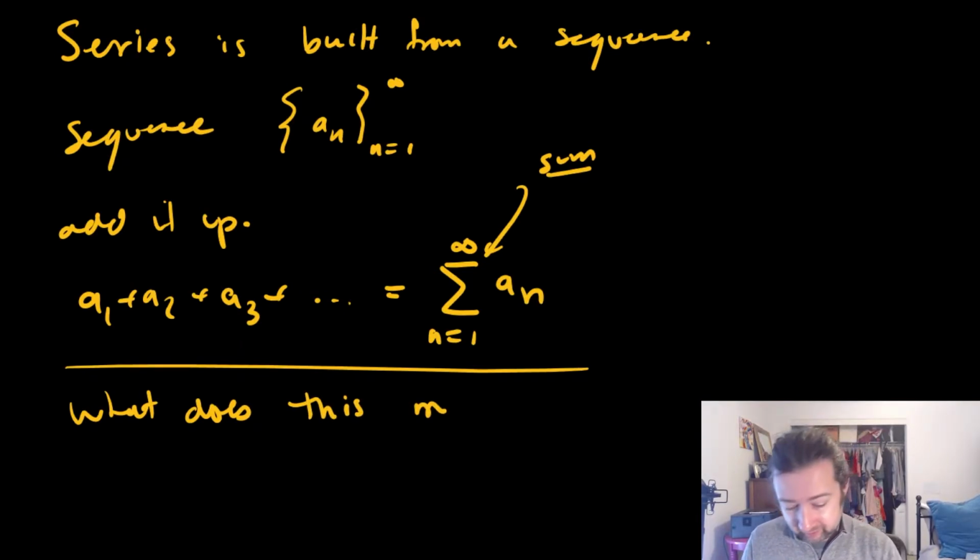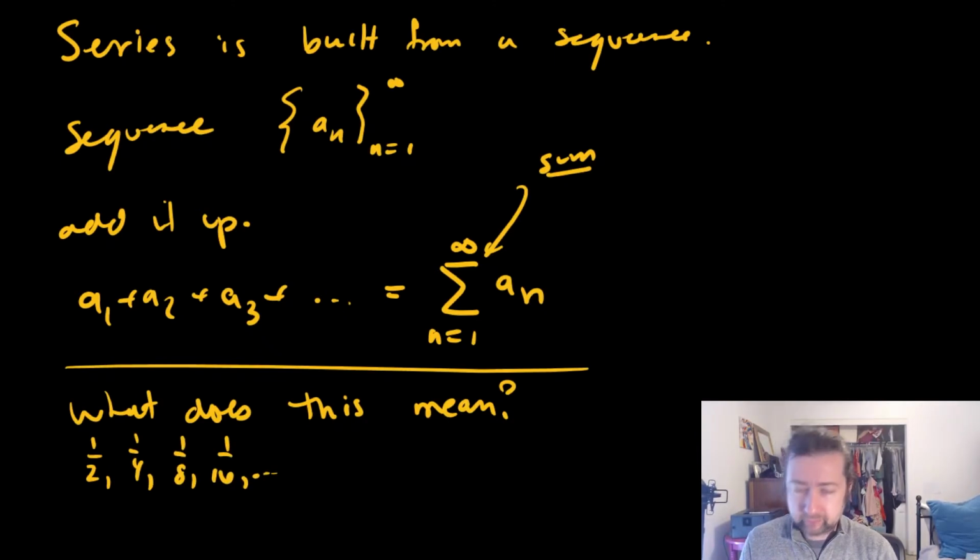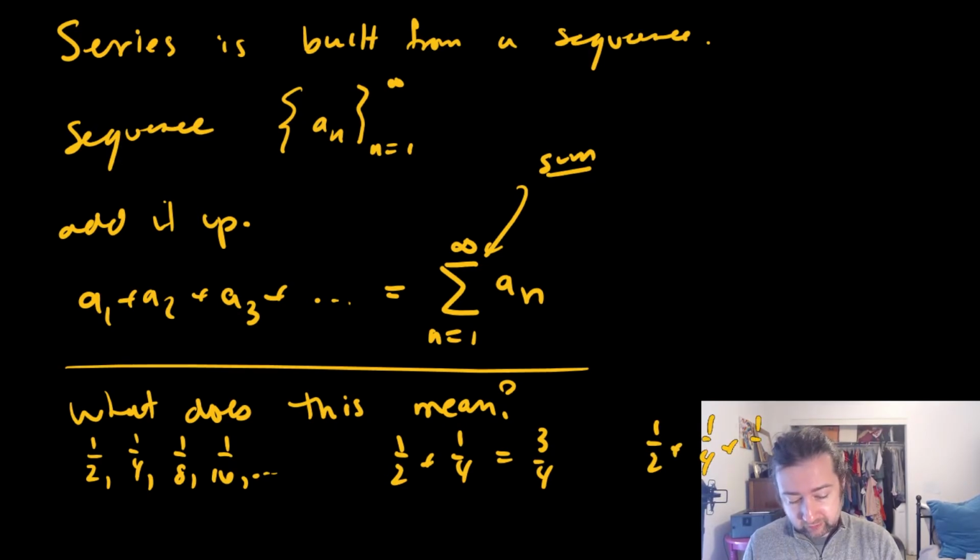All right, back in business. So what does this mean? So the basic idea is that if I start adding fractions together in a form maybe we're more familiar with, if you look at a sequence like 1/2, 1/4, 1/8, 1/16, and so on, if we take that sequence and turn it into a series, well, 1/2 plus 1/4 is 3/4, and 1/2 plus 1/4 plus 1/8 is 7/8.